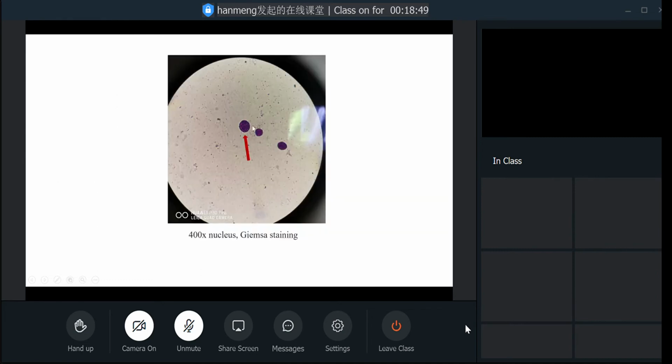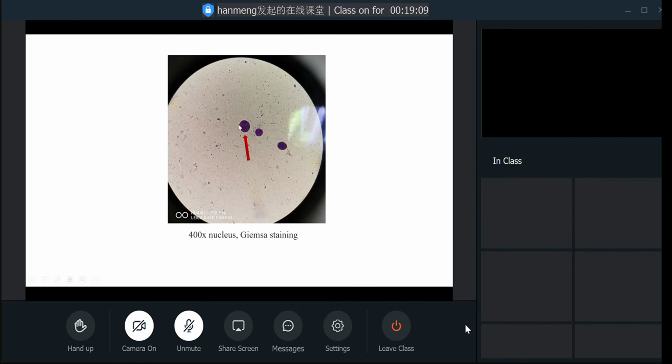Here, this picture shows a nucleus under a microscope. It is a picture from my experiment, and the nucleus is dyed with Giemsa.